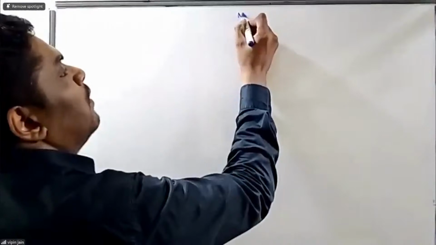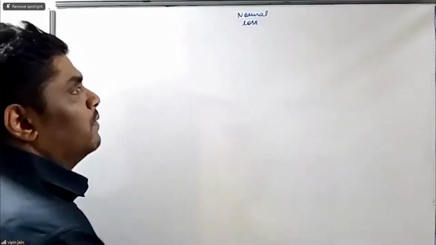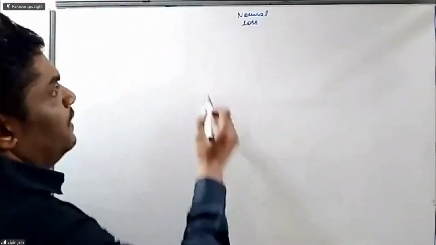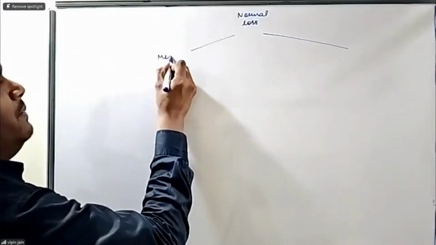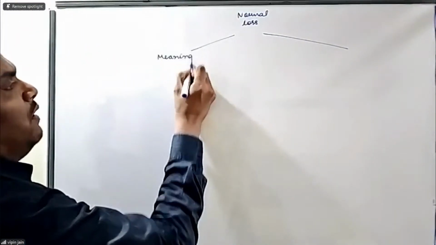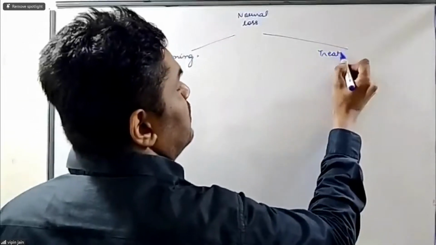Now let's start with normal loss. Now see, there are 2 parts. What is the meaning of normal loss and what is the treatment of normal loss?